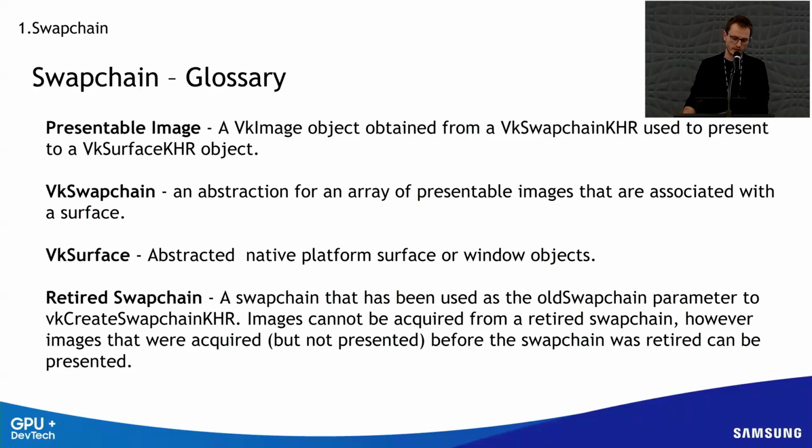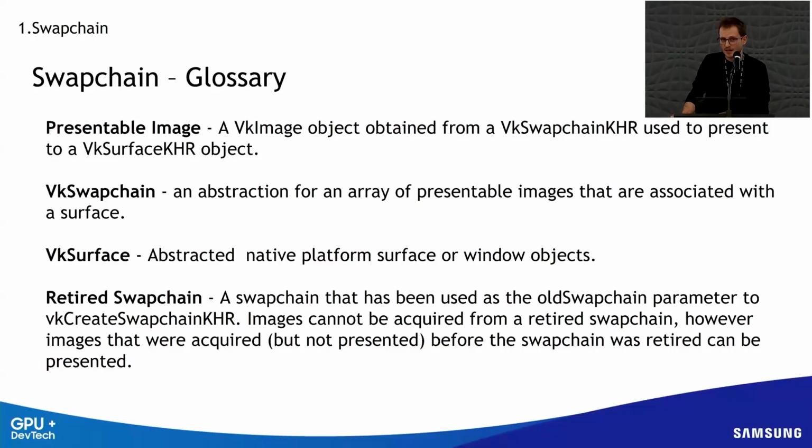So first, glossary. For those people that don't know, in Vulkan spec, there is such a thing as glossary, where you can find a lot of useful information on what things are. So first of all, I already said presentable images. What are those? Those are just Vulkan images associated with both Swapchain and the surface. Then the VK Swapchain. It's an abstraction.